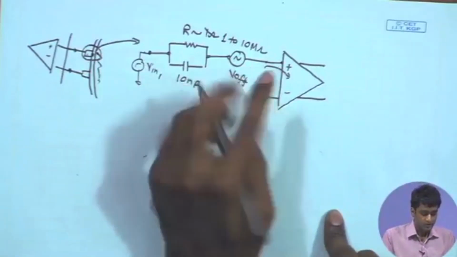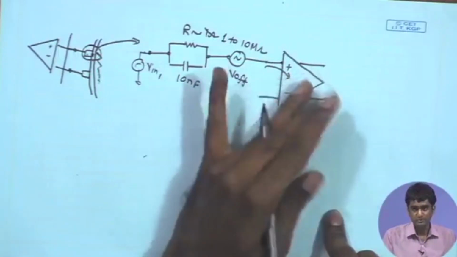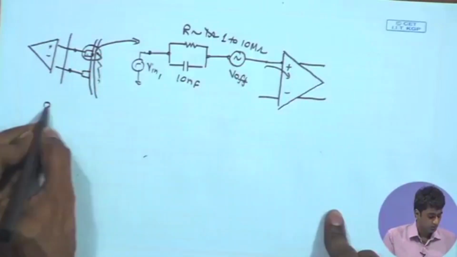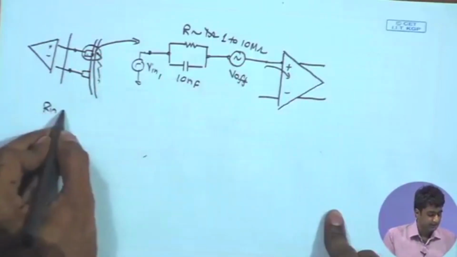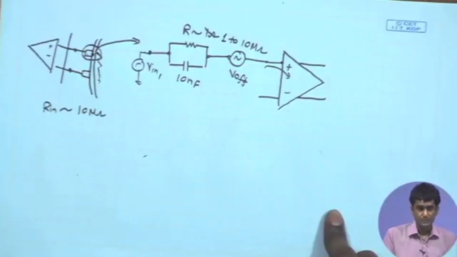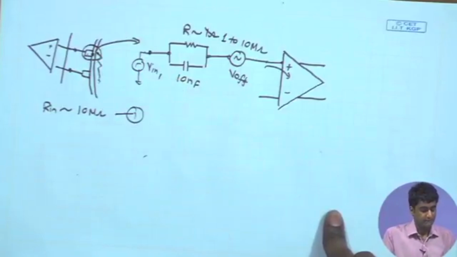So, we want the very first stage of the amplifier to have very high input impedance of the order of say few tens of mega ohm. So, looking at the electrode, I can say that the R in of the amplifier should be 10 mega ohm or higher. So, this is the first specification we can arrive at just by looking at the electrode characteristics.